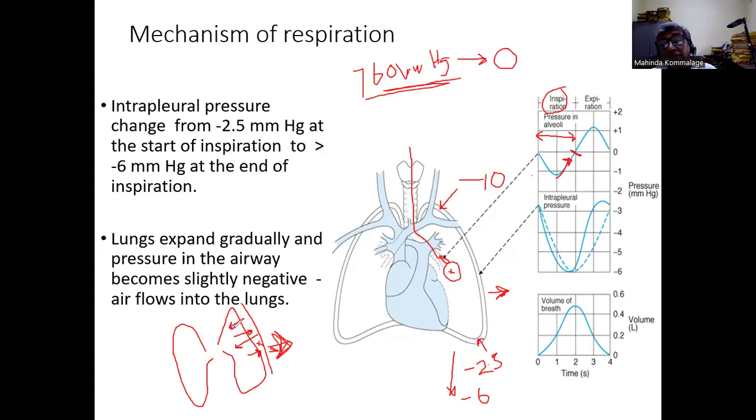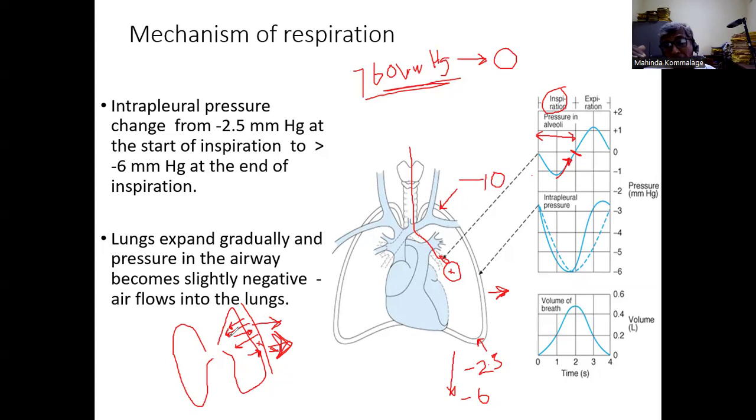Lungs try to recoil, right? They try to come back to the original position. So we put a force in this direction with the muscles. The lungs' elastic quality puts a pressure in the opposite direction and tries to make them come back to the original position. So at the end of the inspiration, these two forces balance each other.